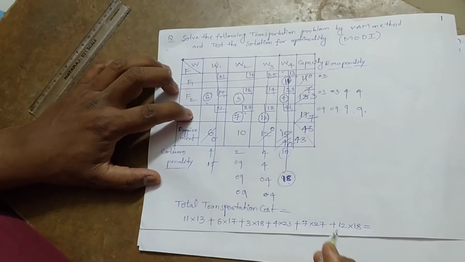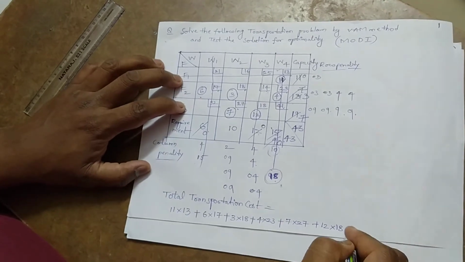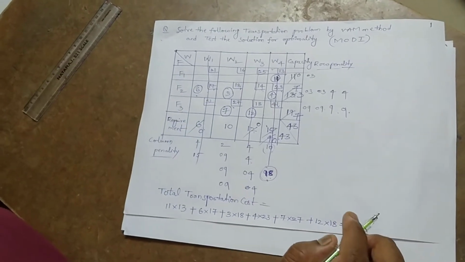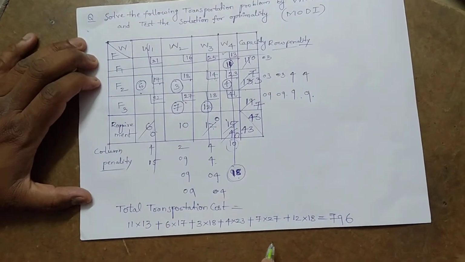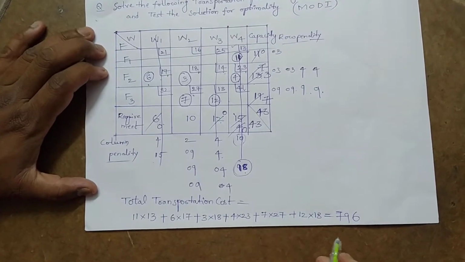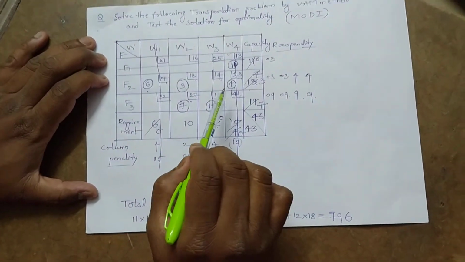So the total transportation cost we can calculate. Now let us see the occupied cells.